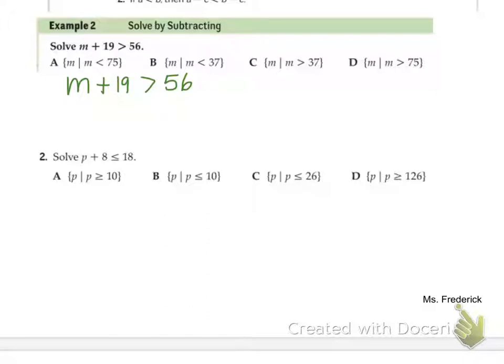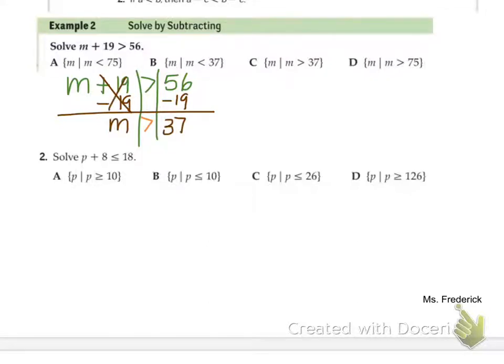Now we have m plus 19 is greater than 56, and I need to solve for m. To remove that positive 19, we need to subtract 19. So I draw down those equal signs so I don't forget, and subtract 19 on both sides, leaving me with m is greater than 37.